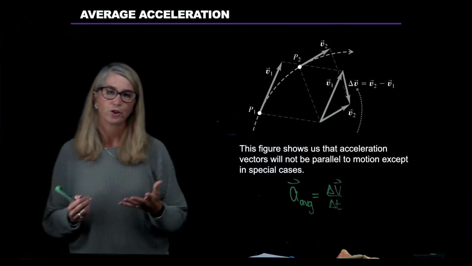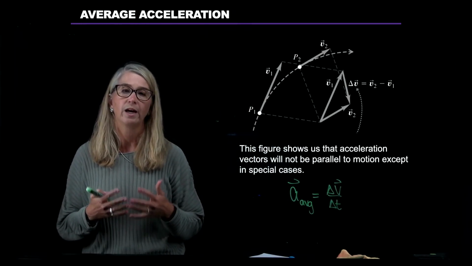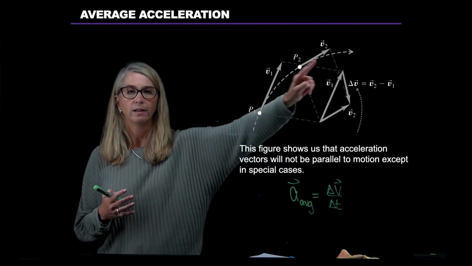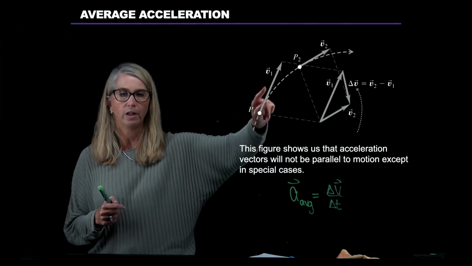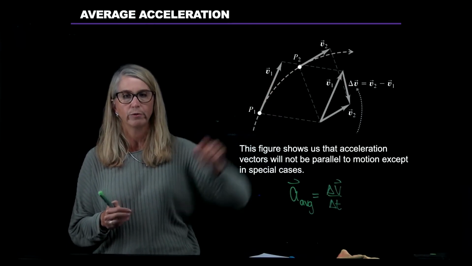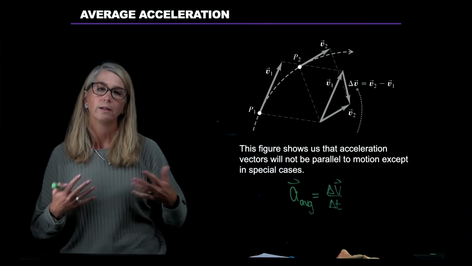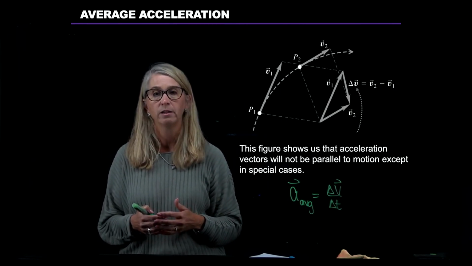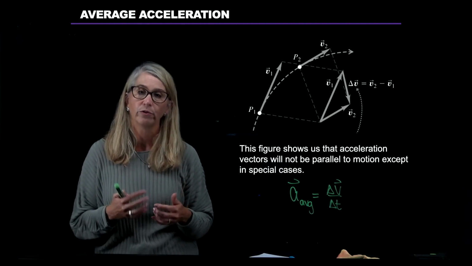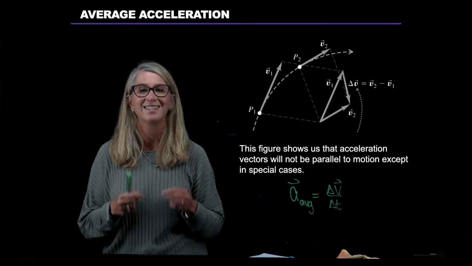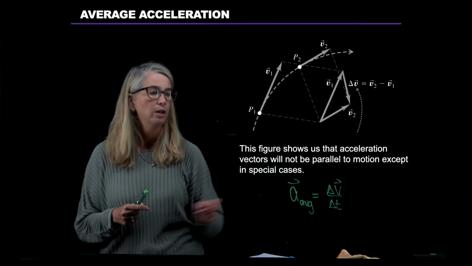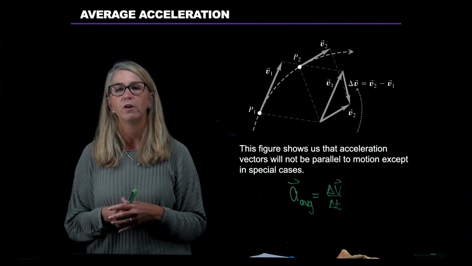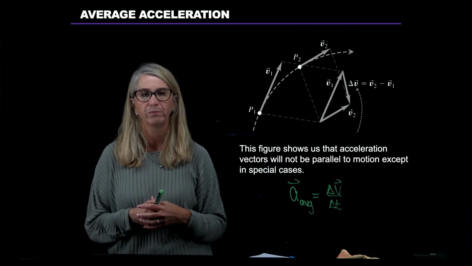And so in this picture, the dotted line is the path. The two velocity vectors at the two times that we've chosen, time 1 and time 2, are drawn so that they are tangent to the path, which is what we learned. Those velocity vectors, of course, are instantaneous velocity vectors. We would use instantaneous velocity values when we find the average acceleration.